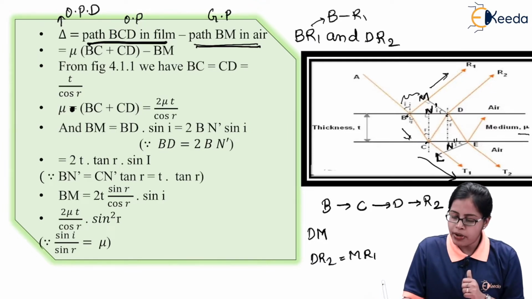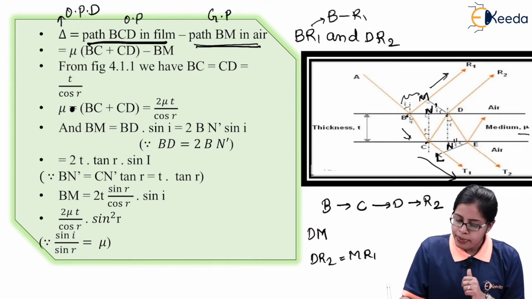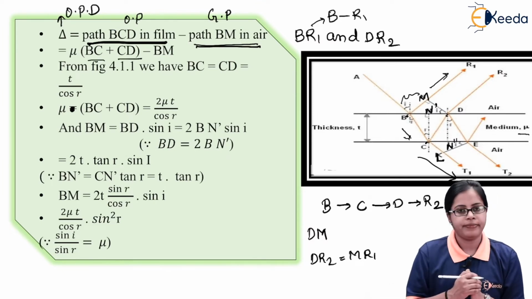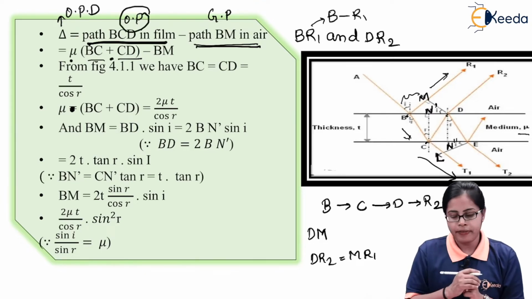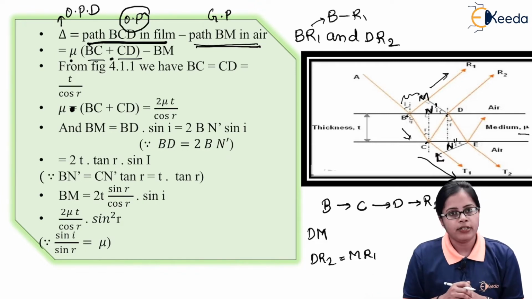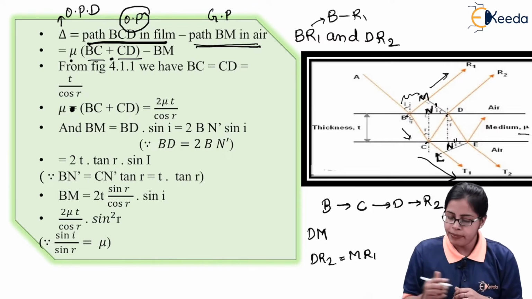Now, what is the geometrical path of the ray BCD? It's BC plus CD. So mu times the geometrical path gives me the optical path, minus BM, which is already the geometrical path in air, which is always going to remain the same.